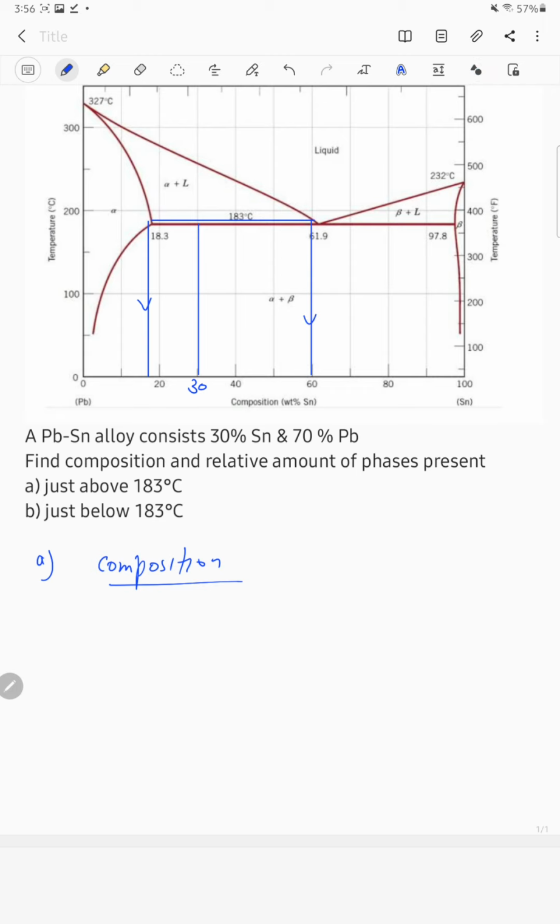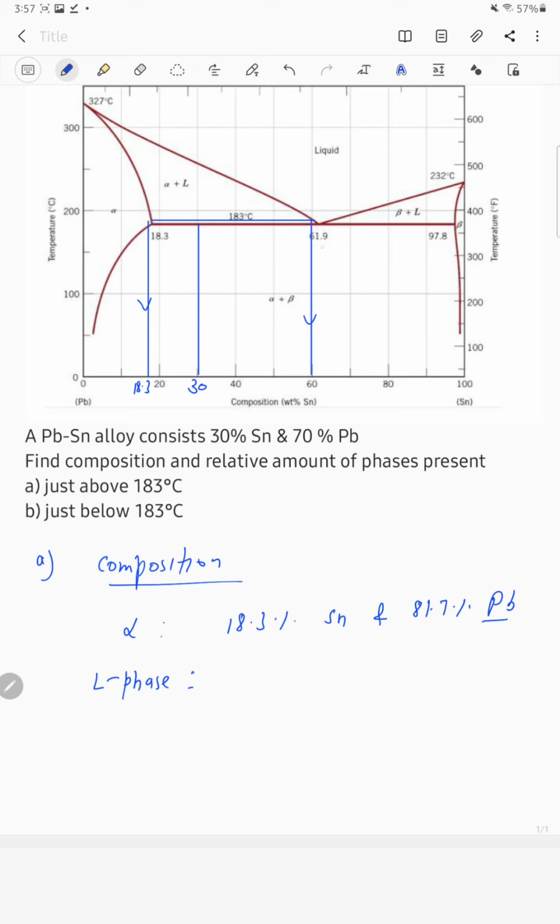What will be the composition for alpha? How much Sn? 18.3% tin, and the remaining amount will be Pb, so that will be 81.7% Pb.